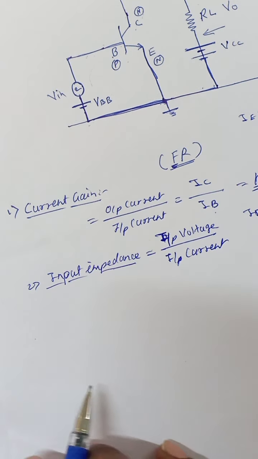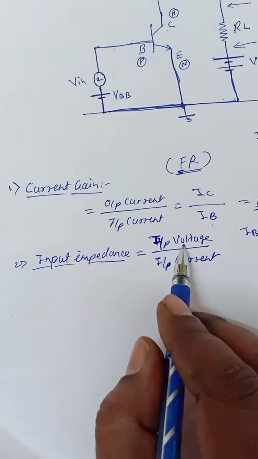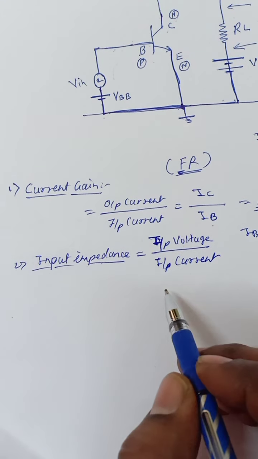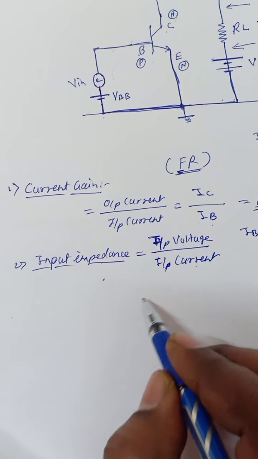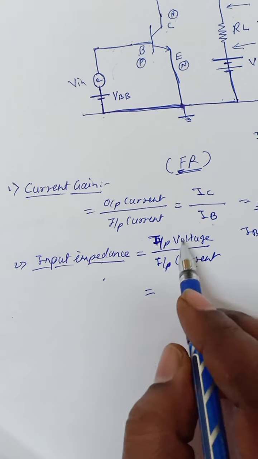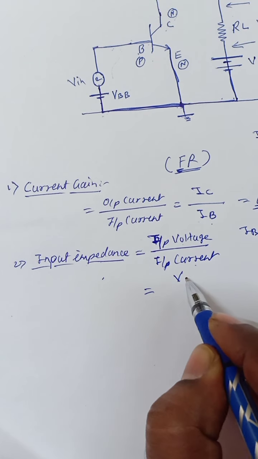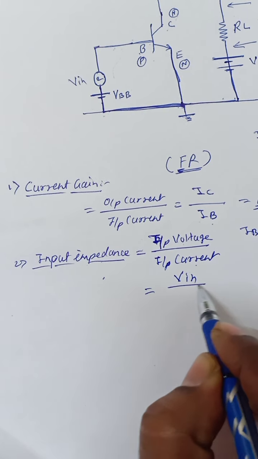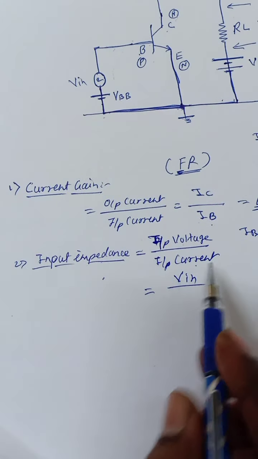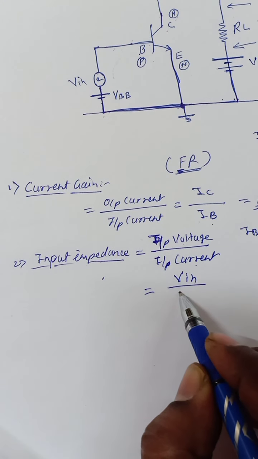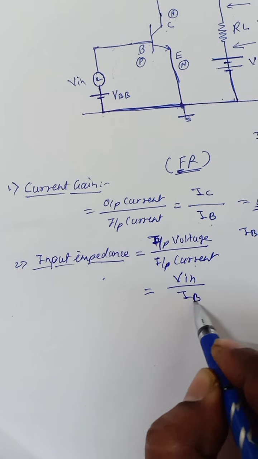Like Ohm's law, R is equal to V by I. Here the input voltage is Vin, the voltage applied to the base, and the input current is IB.